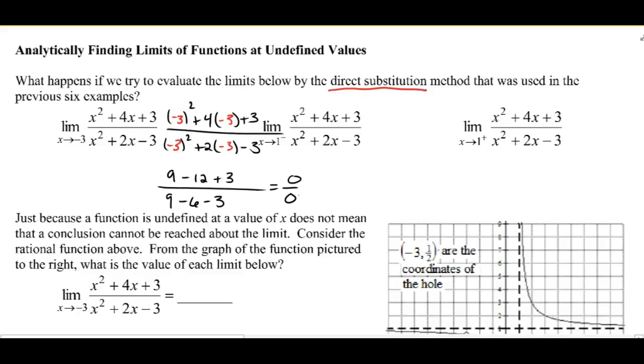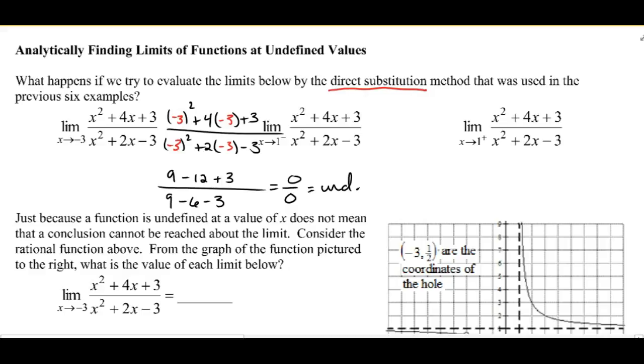And that's a problem. 0 divided by 0 is not 1. Anything divided by 0 is undefined. So here's the trick. You're given a problem that says find the limit, and you go, okay, I'm going to plug it in, and you get 0 over 0 and say it's undefined.